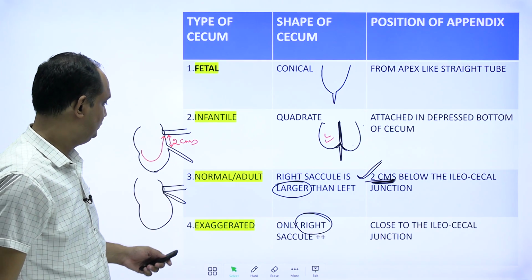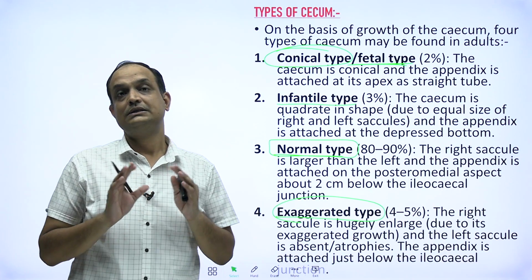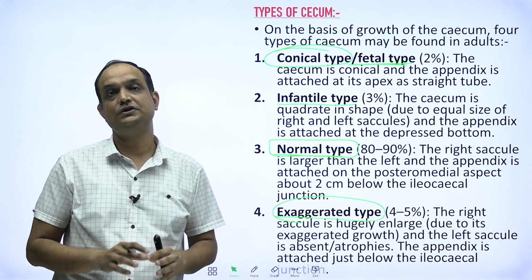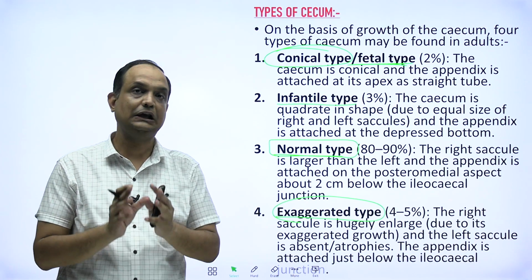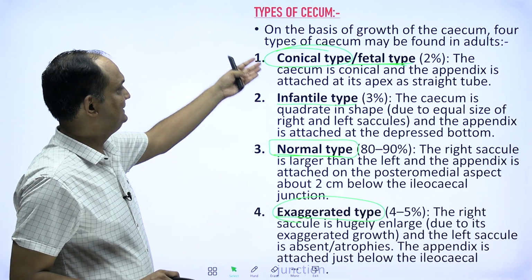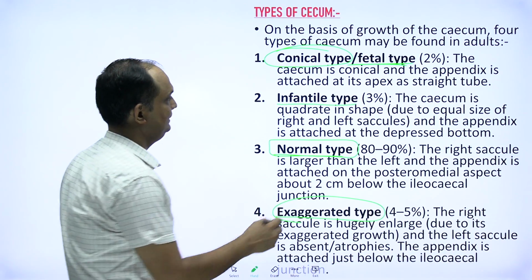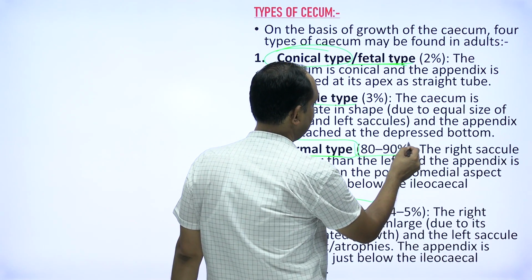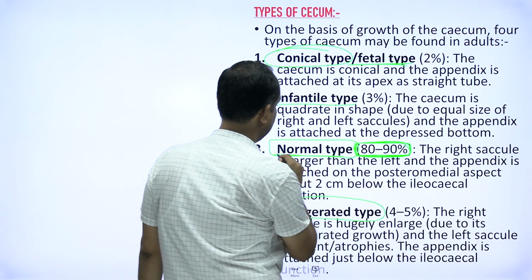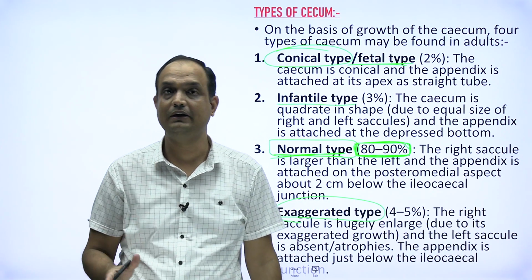Clear? So these 4 types of your cecum actually depend upon the differentiation in the right and left saccules of the cecum. So the growth of the cecum decides these 4 types, and the important thing you have to understand is that in 80 to 90% of the adult population, you will have the normal type of the cecum, which is also known as the ampullary variety.